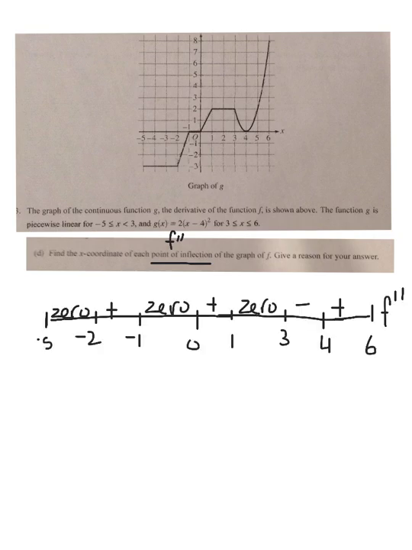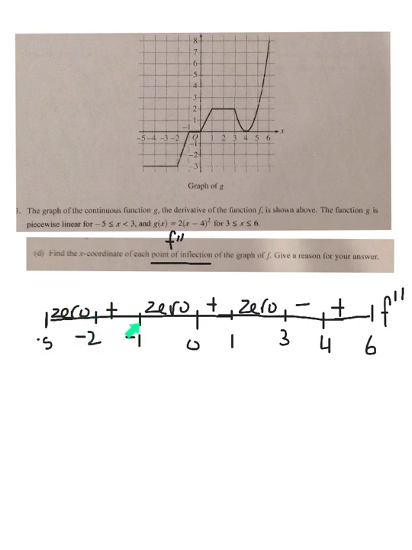Okay, so it asks for points of inflection. So points of inflection, you should be thinking second derivative, right? So that would be f double prime. Well, we have a second derivative sign chart in part C, and this was that sign chart. So we are looking for points of inflection, and remember, when you have a point of inflection, your second derivative is going to change signs. Well, we don't have any sign change here because this is 0.